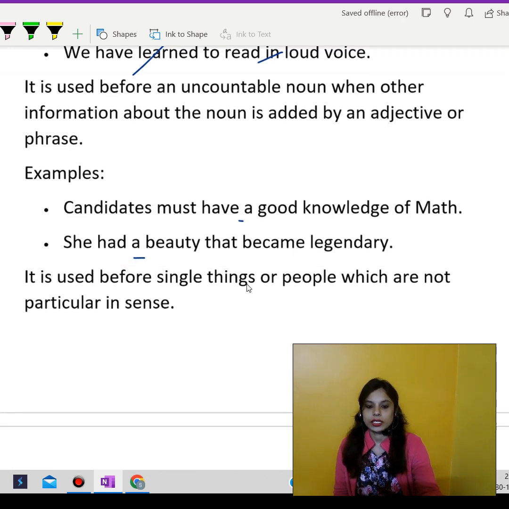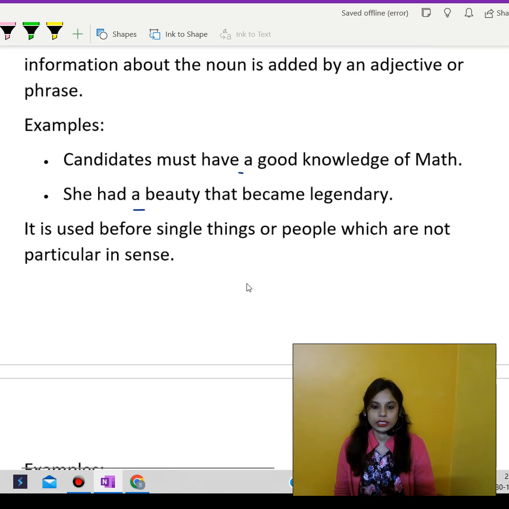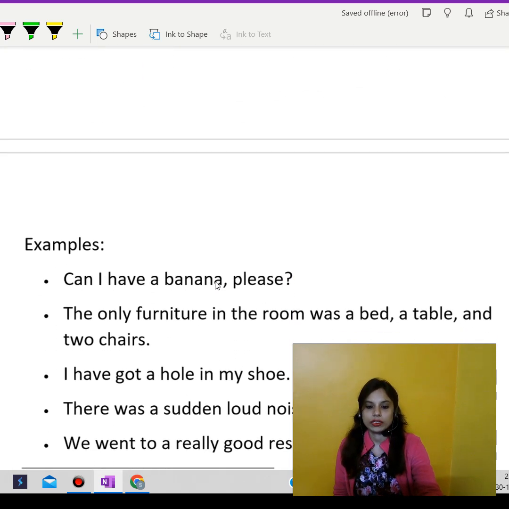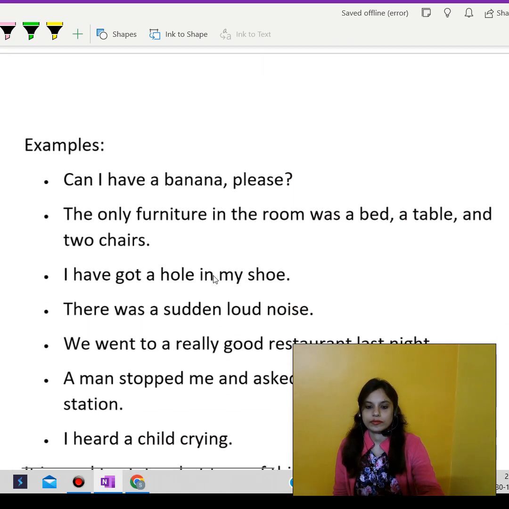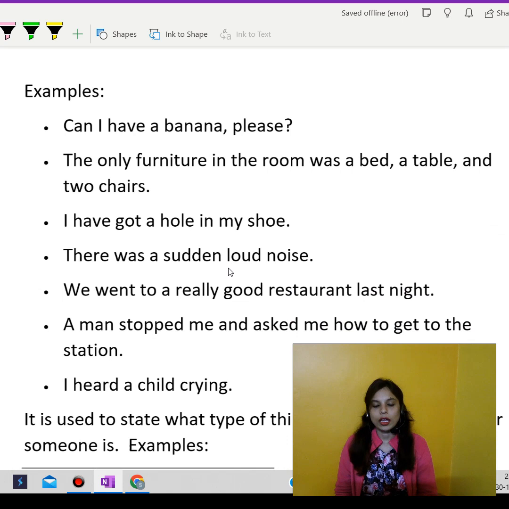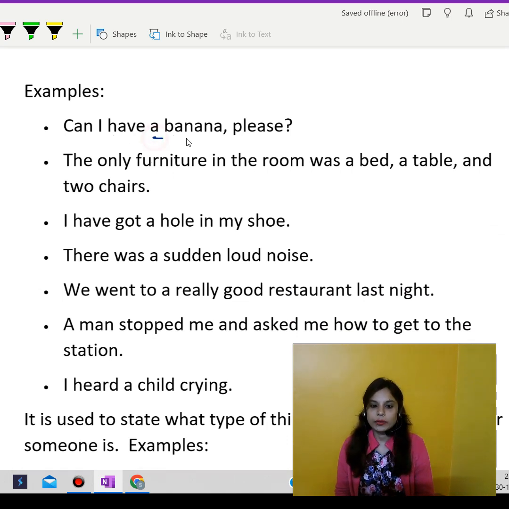Okay, so here we have been talking about a as an indefinite article. We have some more examples. Can I have a banana, please? The only furniture in the room was a bed, a table, and two chairs.